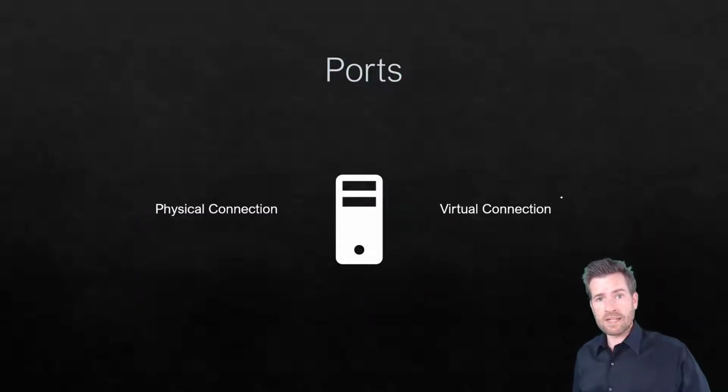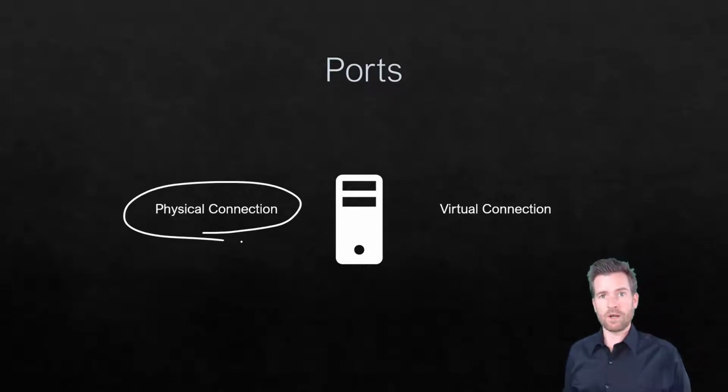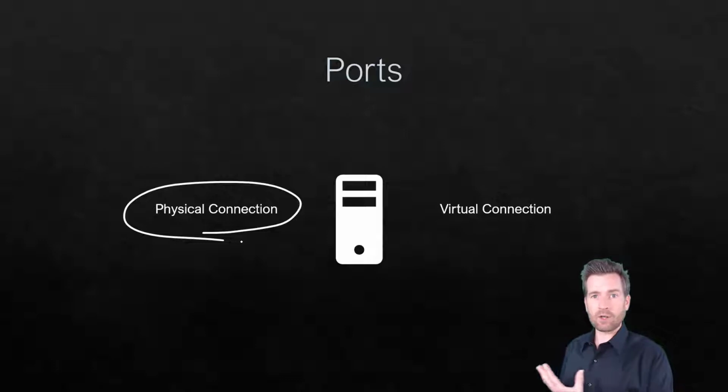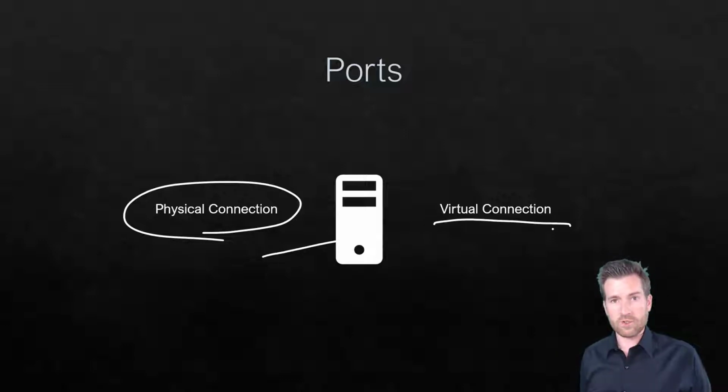Ports on your machine could be physical, like a USB port or a serial port, where you plug devices in and it establishes that communication. But when it's being sent across an Ethernet cable or from outside your network to the server, how does the server know what you're trying to access? We do that through virtual ports, or virtual connections.